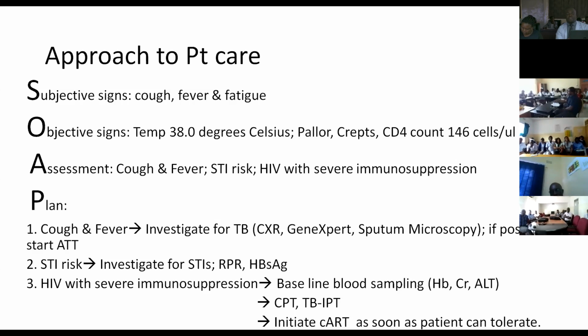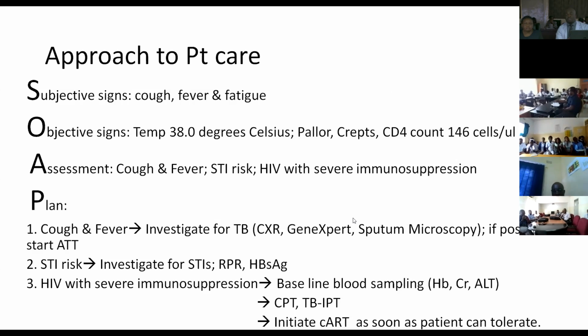Then in terms of drugs for prevention, Septrin, yes; TB IPT should not be given in this patient because they have tested positive for TB screen.